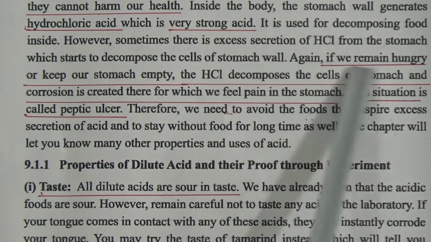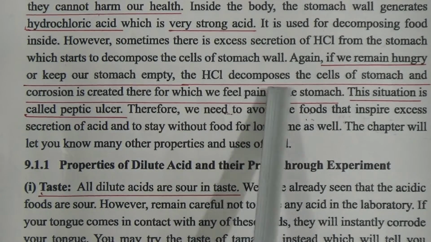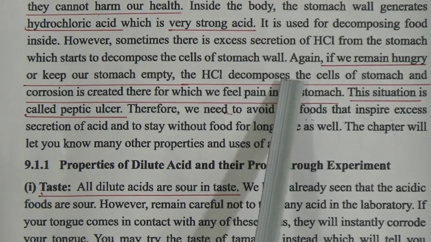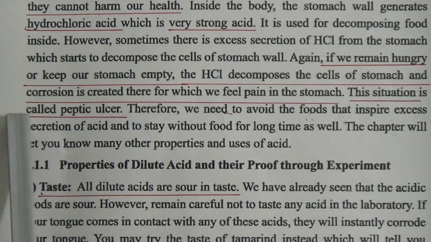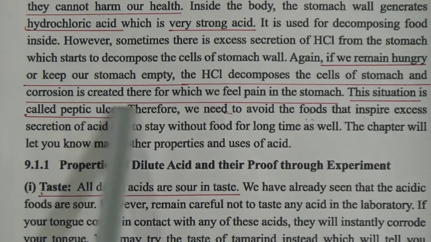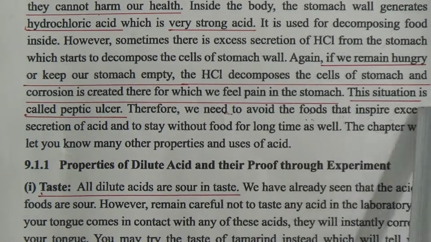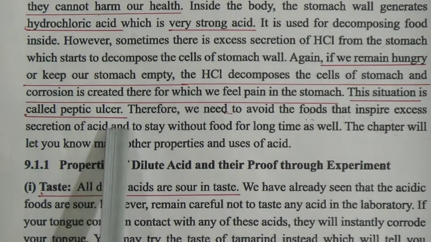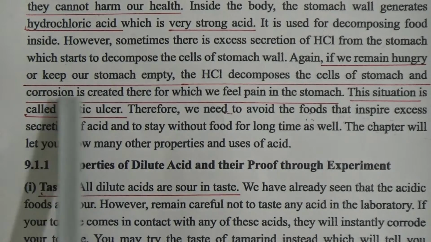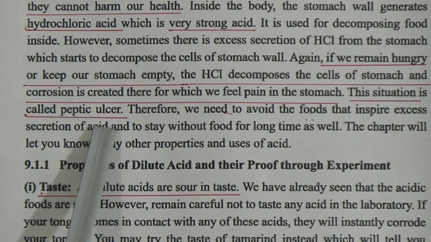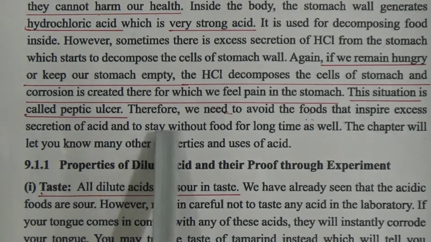That means if we remain hungry or keep our stomach empty for a long time, the hydrochloric acid produced by our digestive system decomposes the cells of the stomach, and corrosion is created there, and we feel pain in the stomach. This situation is known as peptic ulcer, and we usually call it gastric. We feel burning and pain inside our stomach, and that is known as peptic ulcer.